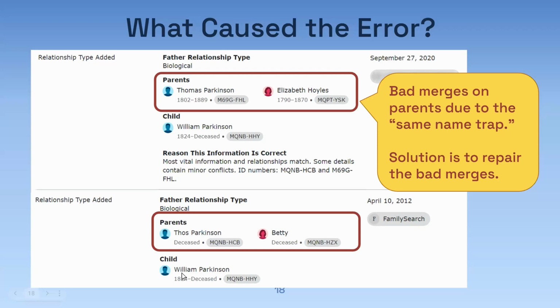So William's original parents in the change log are these people right here, Thomas that ends in HCB and Betty that ends in HZX. But they were merged in with this Thomas ending in FHL. That's a great acronym, right, for Family History Library. And this Elizabeth ending in YSK. So the solution here has to be to undo those bad merges. If we tried anything else, chances are it would just make the problem worse.